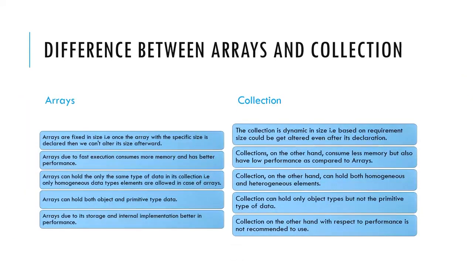The differences between arrays and collections are here. For example, arrays are fixed size, but collection size can be changed. Arrays have fast execution. Collections, on the other hand, consume less memory but also have lower performance compared to arrays.